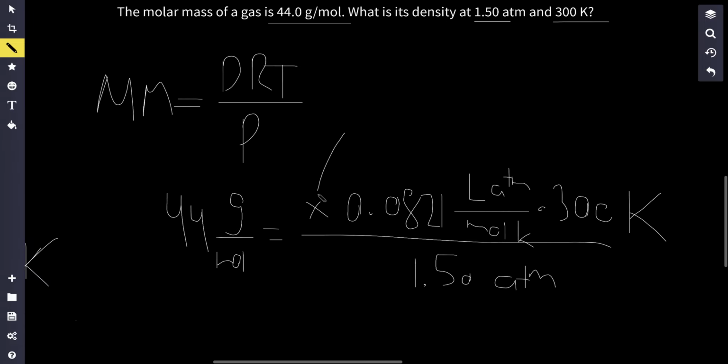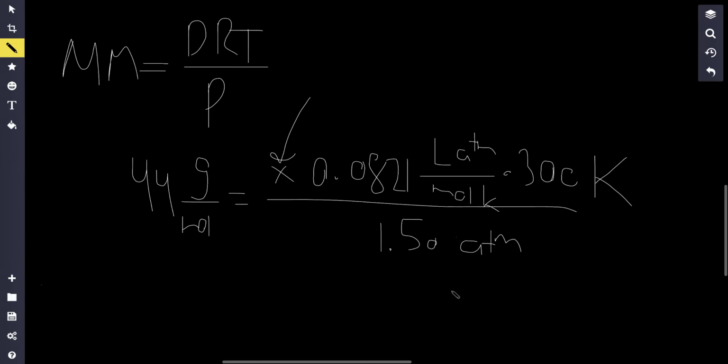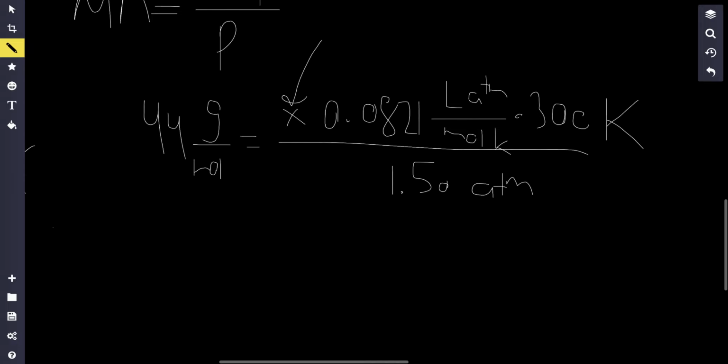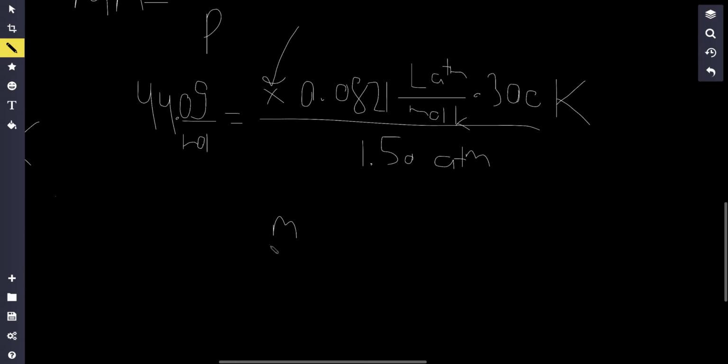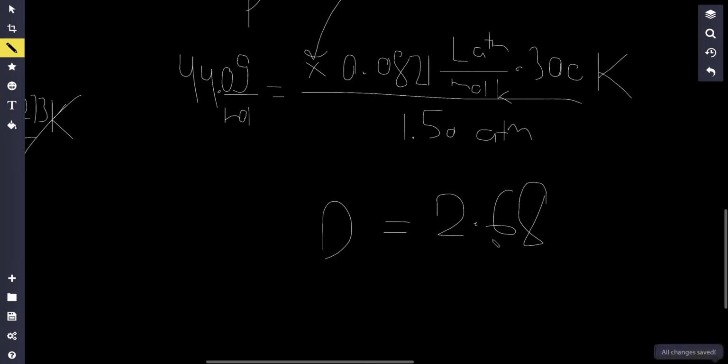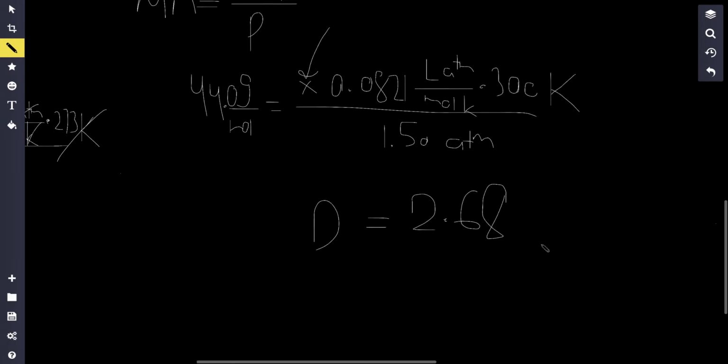Our unknown is density. That's why I put an x there. We just substitute it all and solve for x. So on my calculator, I got the density, which is equal to mass over volume, and that's going to be 2.68 grams per liter.